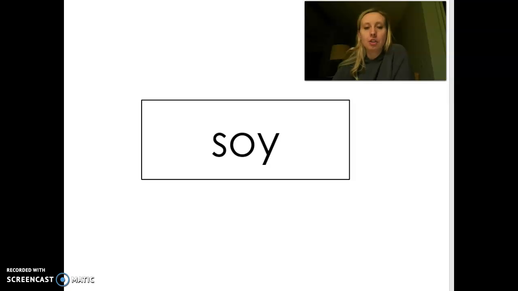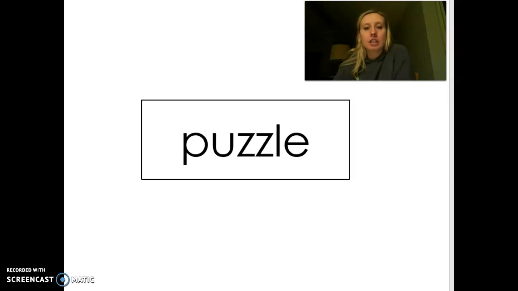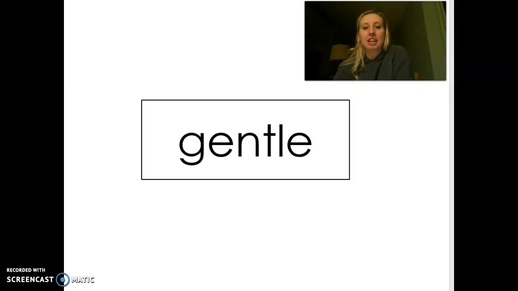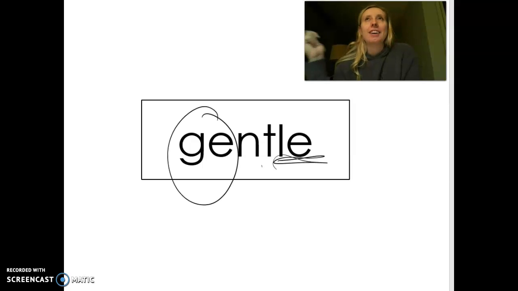3, 2, 1, soy. 3, 2, 1, mouse. 3, 2, 1, puzzle. 3, 2, 1, gentle. Remember, GE says j, and we have our consonant LE, which is a final stable syllable.